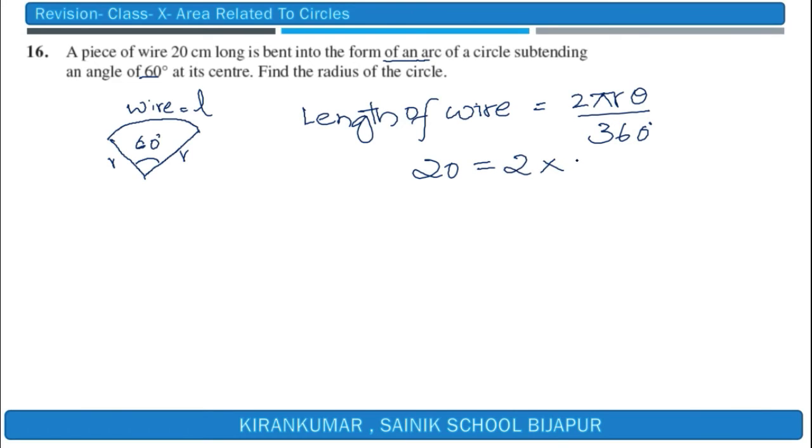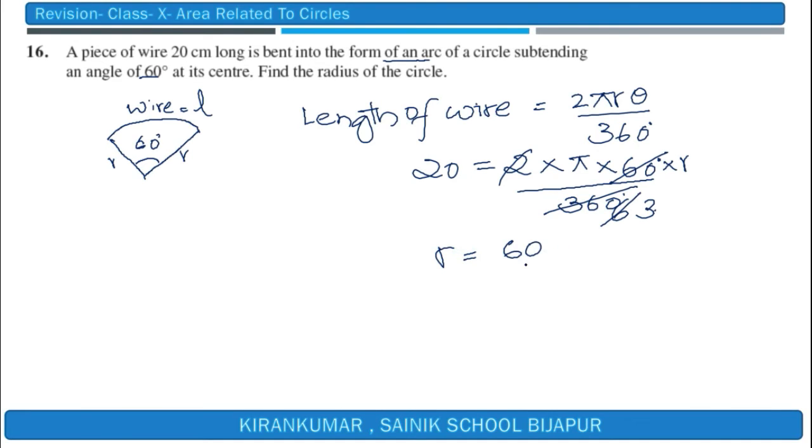So it is 2 times pi, I'll retain as it is, theta is 60 degree into the radius divided by 360 degree. This will become 6 times 3 times. When you cross multiply, we get the radius as 60 upon pi centimeter.